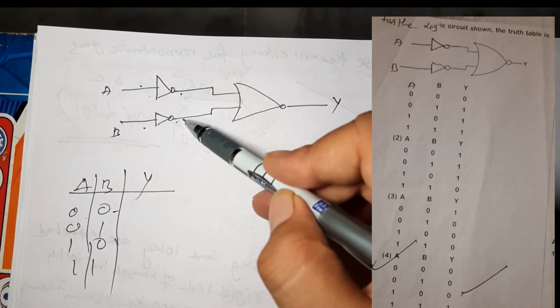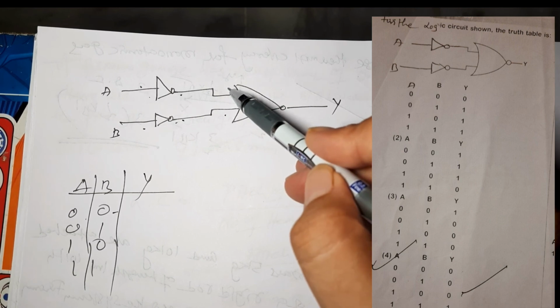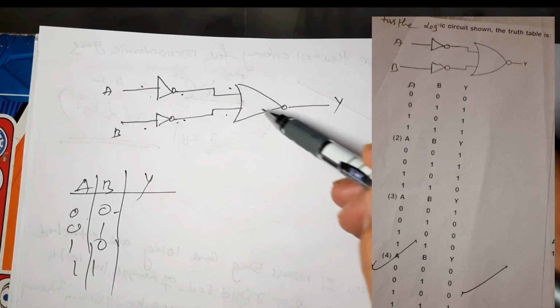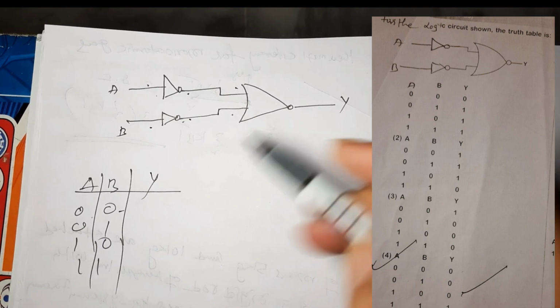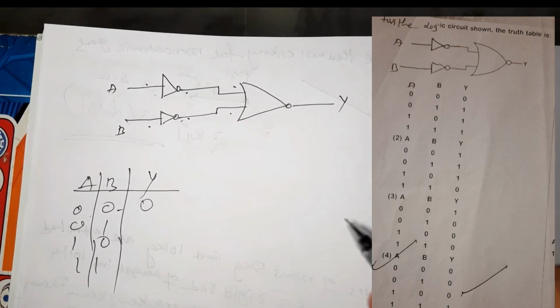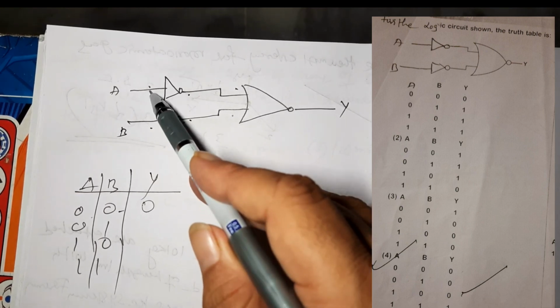Okay. This is 1, this is 1. 1 plus 1 is 1. The reciprocal of 1 is 0. So the answer is 0. A 0, B 1.